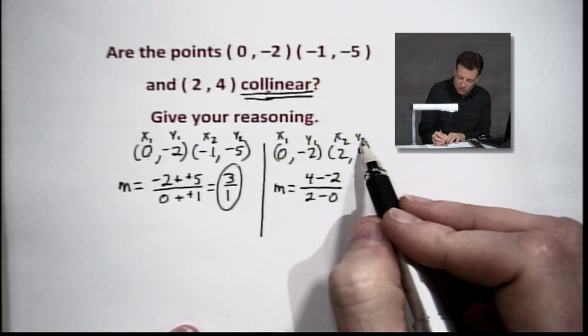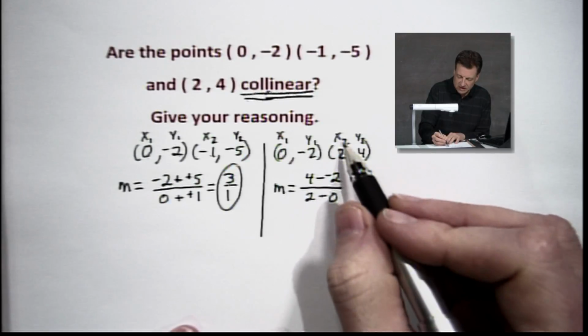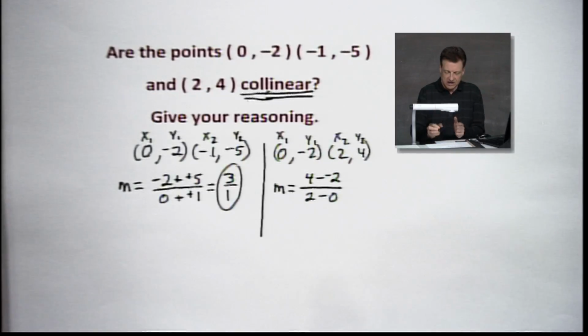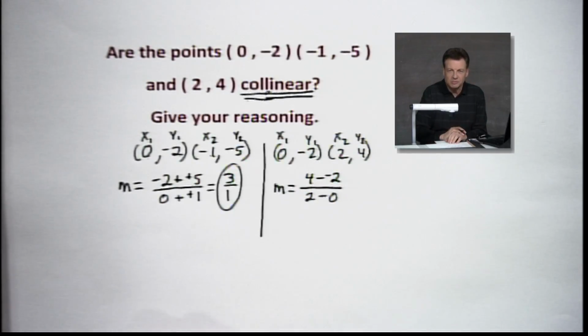This time I said y2 minus y1, which is 4 minus the -2, and then x2 minus x1, which is 2 minus 0. Once you pick your first point and second point, it's really arbitrary. As long as you keep the order as you compute your slope, you'll be on the right side. If you change the order of the coordinates in the middle of the stream, you'll have a problem with signs.